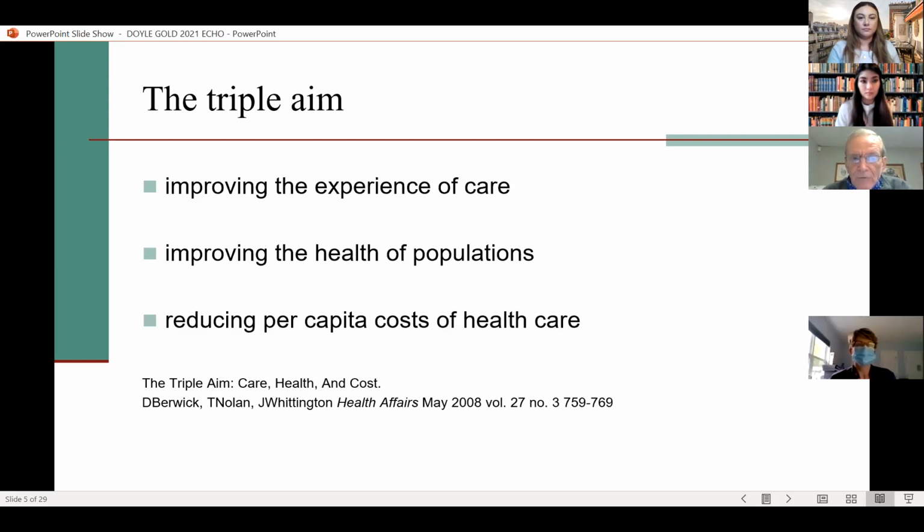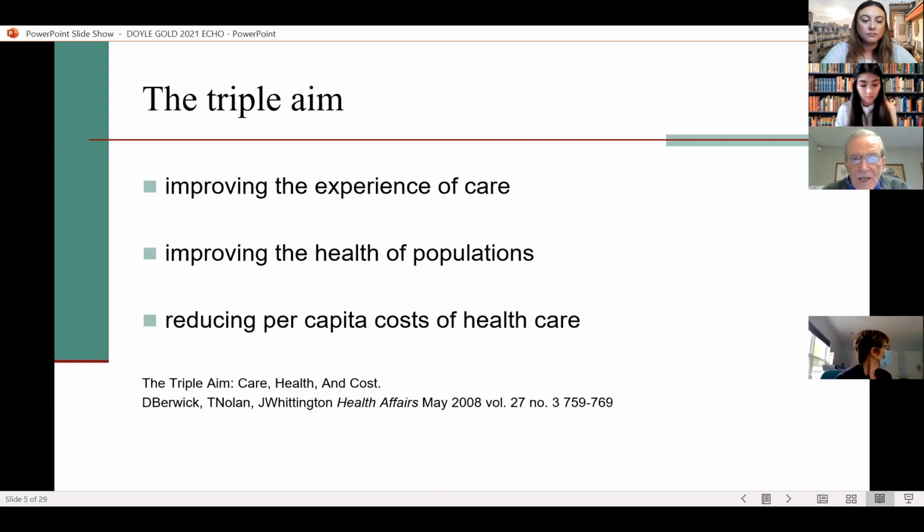That's what it's like for you and me as an individual patient to go to the doctor or go to the hospital, that we have a better experience, improve the health of populations. So that's looking at whole groups of people doing better. For example, all people with COPD, having better outcomes. And then finally, to reduce the per capita cost of healthcare, that we are working more efficiently. That's why we have evidence-based guidelines and follow them.